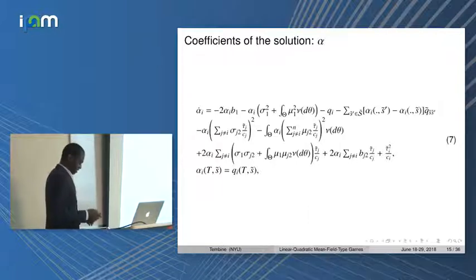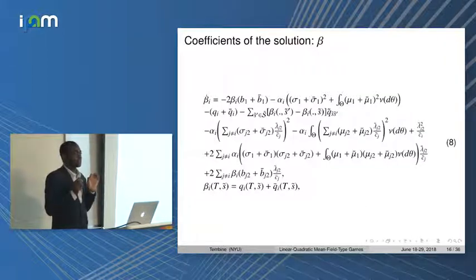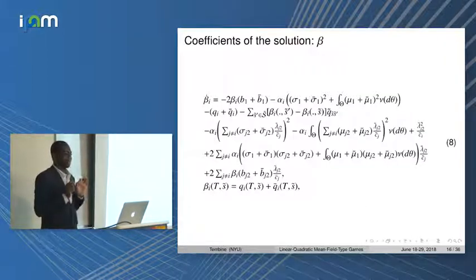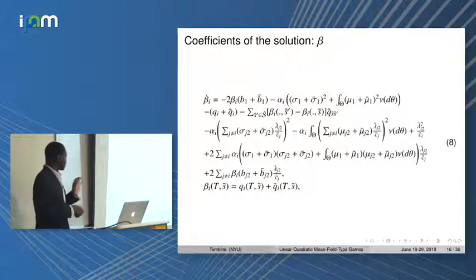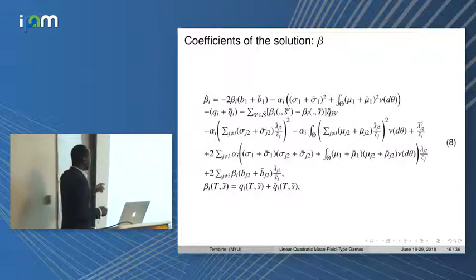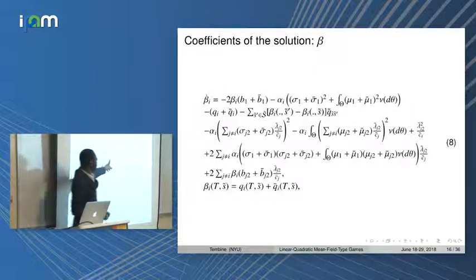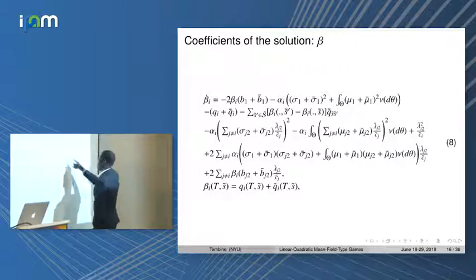So beta is similar. This beta does not appear if you don't have any mean field in your problem. You will have only the alphas. So beta is really because of the mean field problem. You see B bar. Everything that is bar is because of the mean field. Sigma bar appears there. Mu bar appears there.